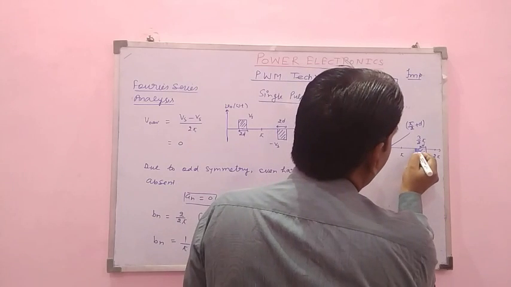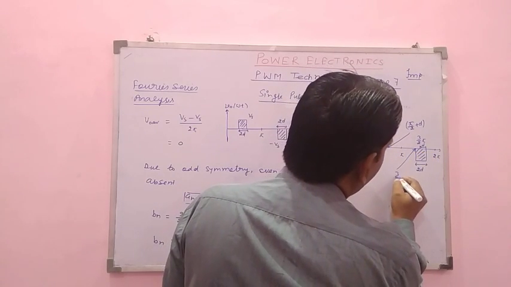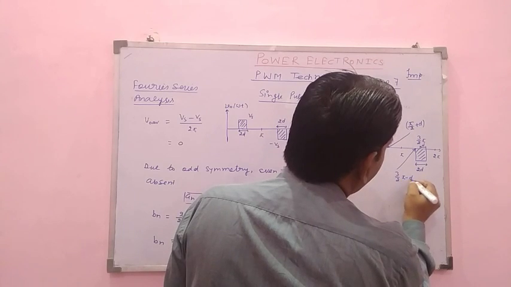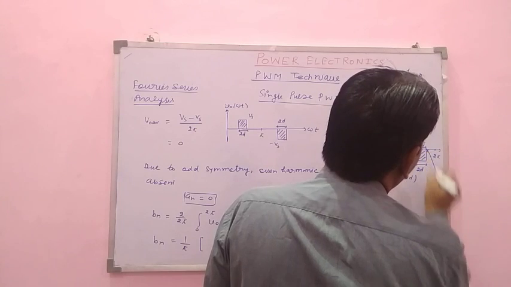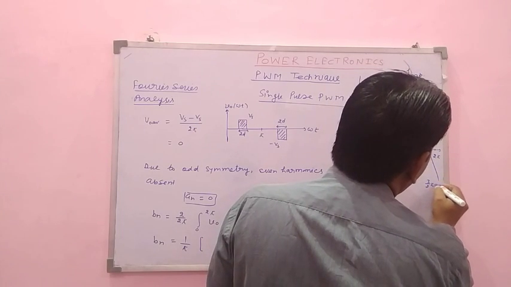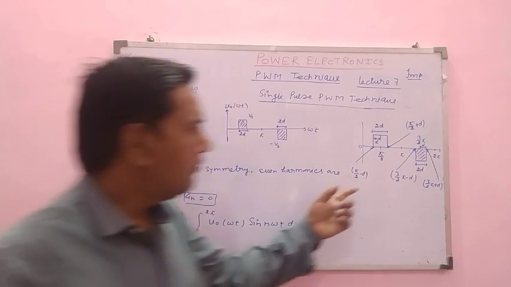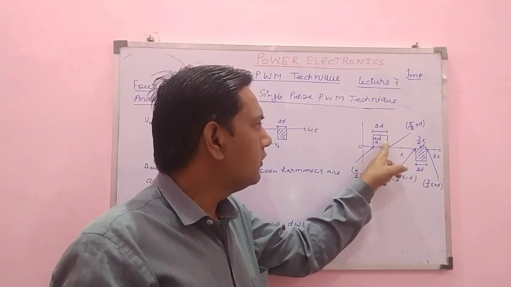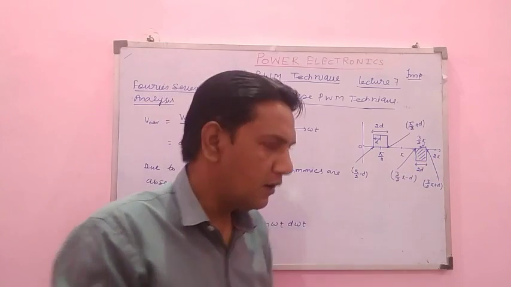So this point will be 3 pi by 2 minus d, and the upper point will be 3 pi by 2 plus d. Okay, so in that way we have determined the lower limit and upper limit for this pulse, and similarly for the other pulse.